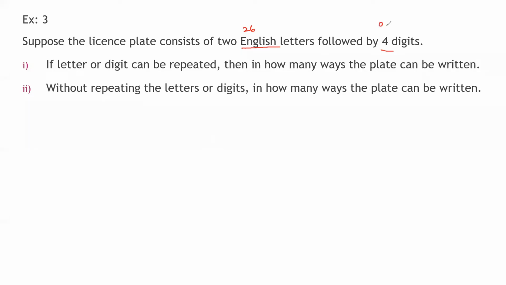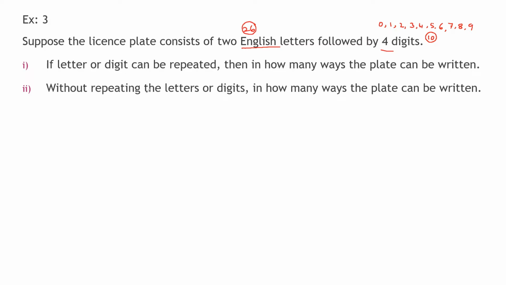Digits we start from 0, 1, 2, 3, 4, 5, 6, 7, 8, and 9. So totally there are 10 digits, including 0. Total 10 digits, and total alphabets 26. This you need to understand. Then we can think of writing this.